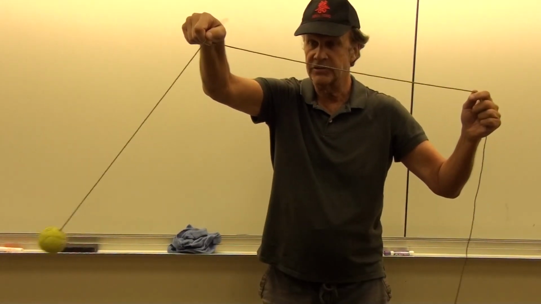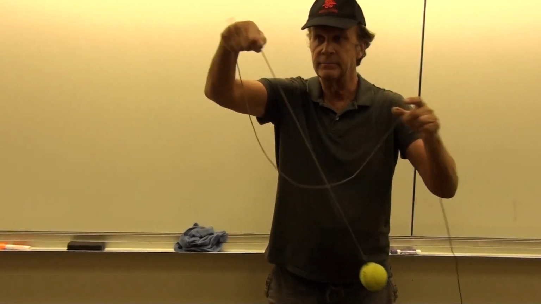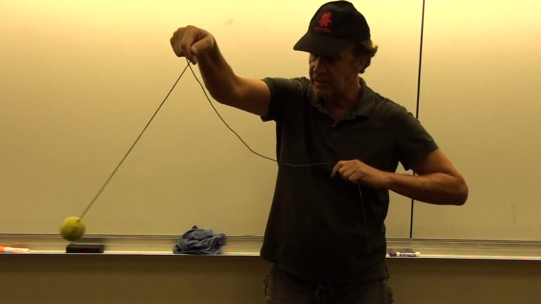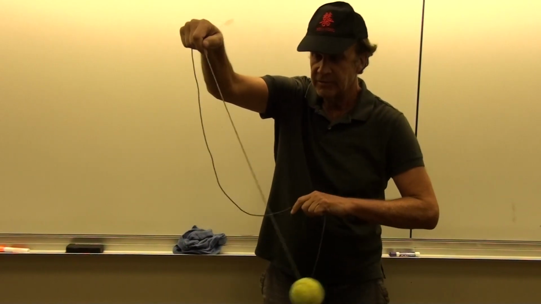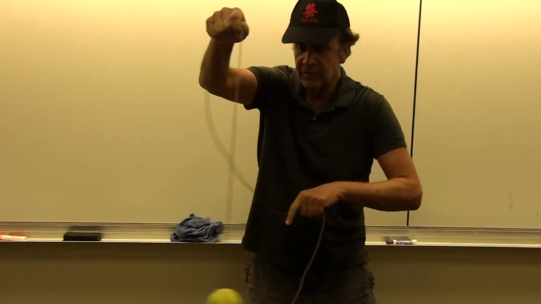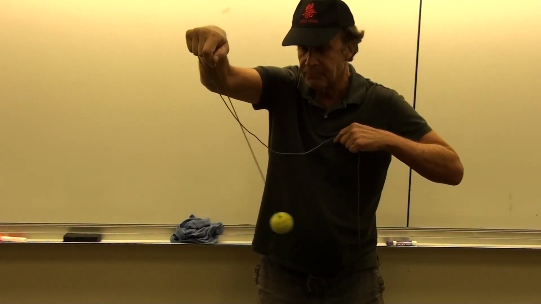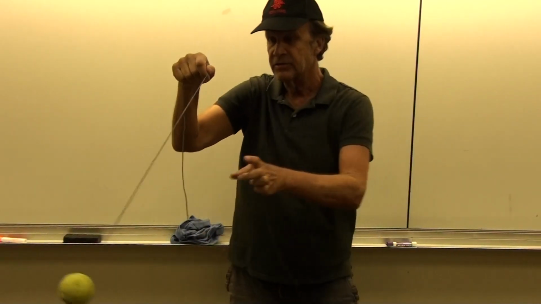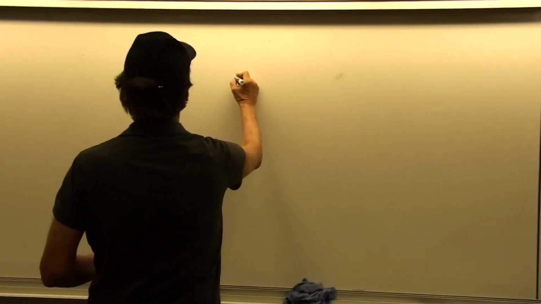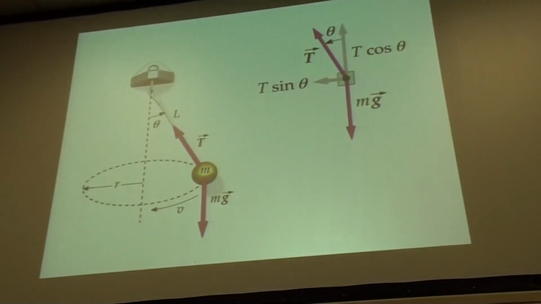Okay. Now the circle does not have a center up here. The center of the circle is in a horizontal plane. Okay, so the center of the circle is down here. And so let's ask for this problem, let me just draw this, and I'm going to make this a 30-degree angle.